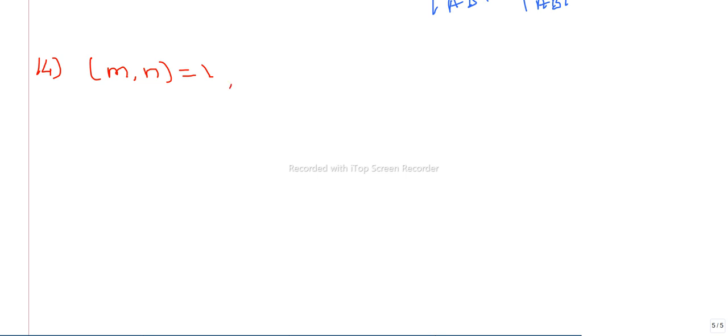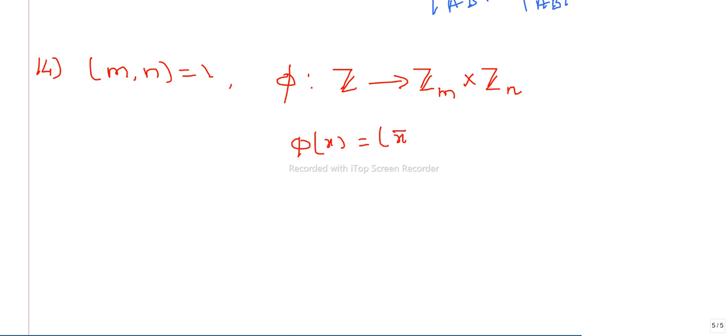Suppose we define some map phi from the set of all integers to Zm cross Zn, the Cartesian product of the two. How do we define it? Phi of any x goes to x bar comma x bar. What do you mean by this x bar? Actually we have to take modulo m for the first, and the second x bar is modulo n.